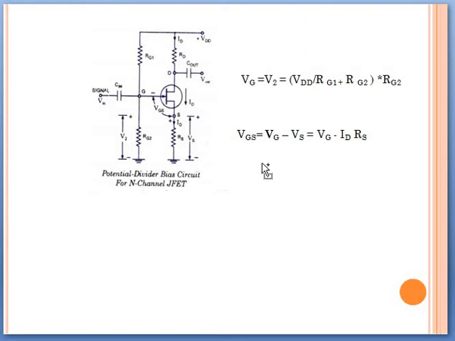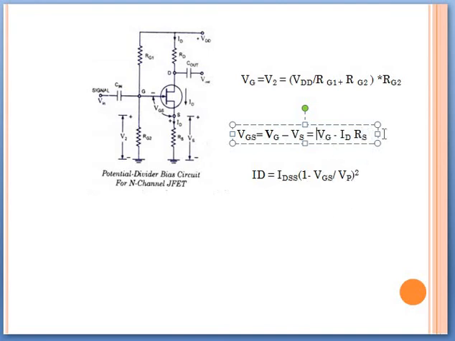Now we have to calculate ID. We have this equation for ID, IDSS into 1 minus VGS by VP, whole square, the Shockley equation. So now we have to substitute VGS with VG minus IDRS.